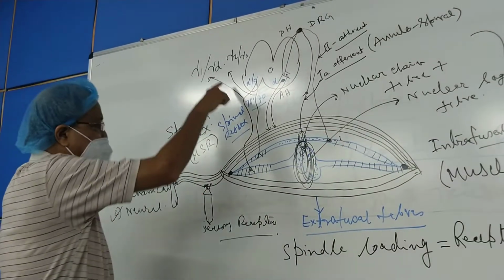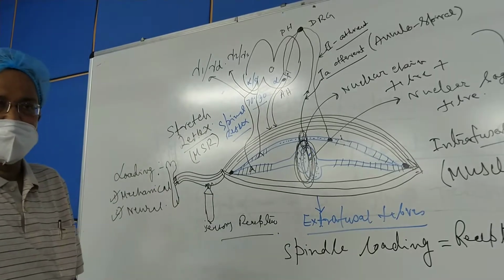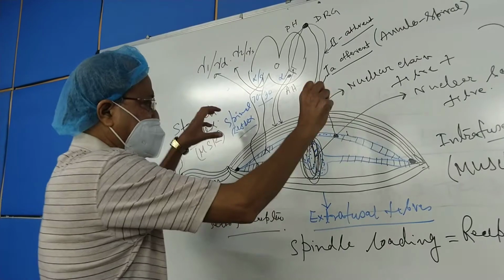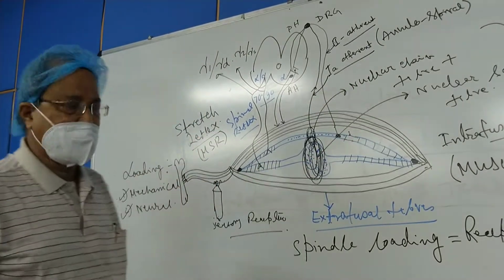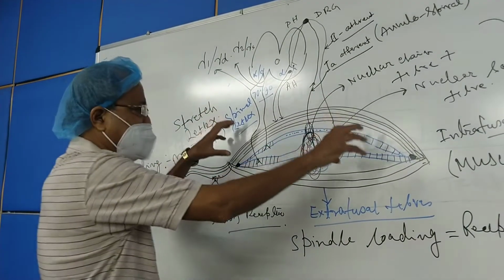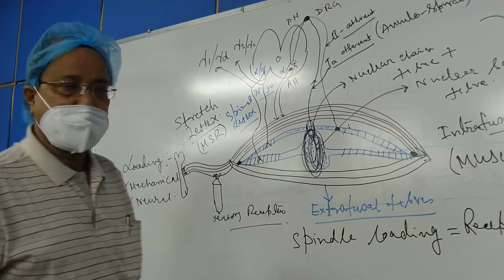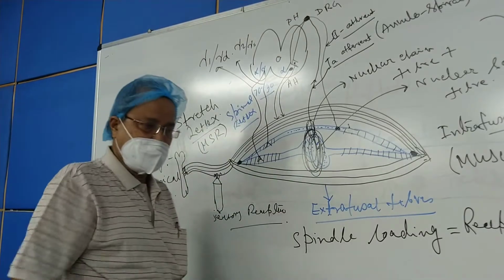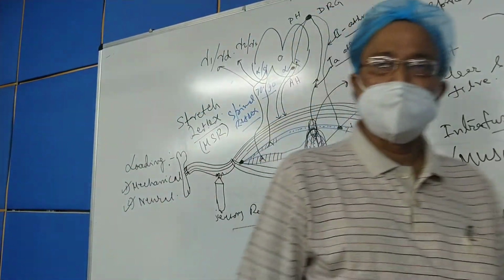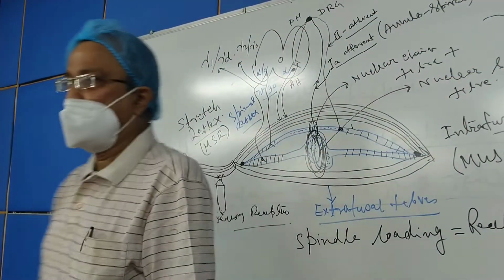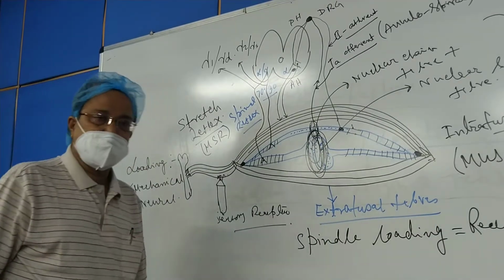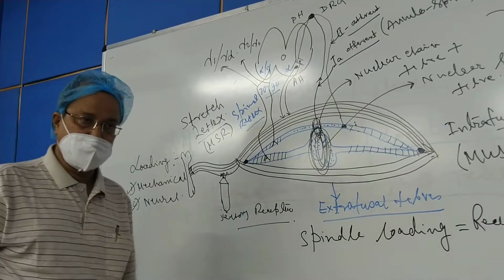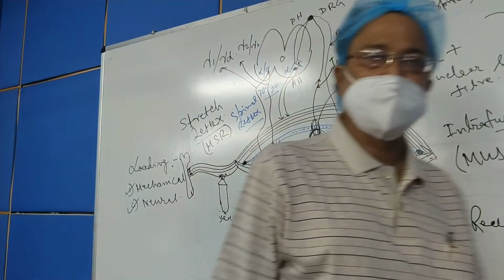So when there is increased gamma discharge from the anterior horn cells of the spinal cord, what will happen? There will be contraction of the peripheral portion of the nuclear bag and the chain fibers, and as a result there will be stretching of the central equatorial region of the muscle spindle, and there will be setting up of the monosynaptic reflex or the stretch reflex, identical to what I told about the mechanical stimulus.